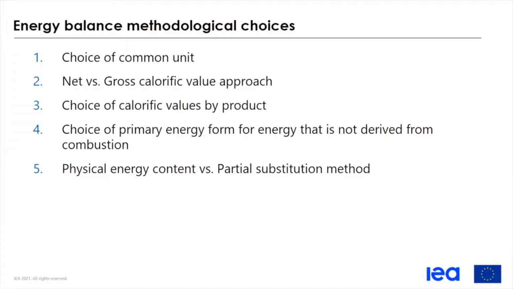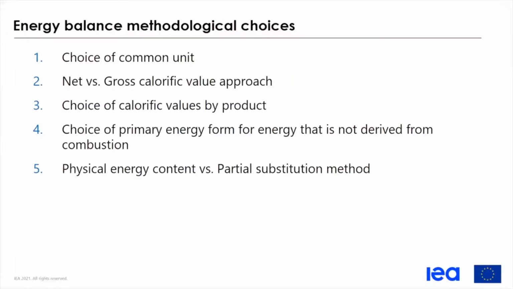The IEA energy balance methodology is based on a common unit of account and on the calorific content of the energy commodities. The IEA balances are expressed in terms of net calorific value. The change from the original units to tons of oil equivalent implies choosing coefficients of equivalence between different forms and sources of energy.